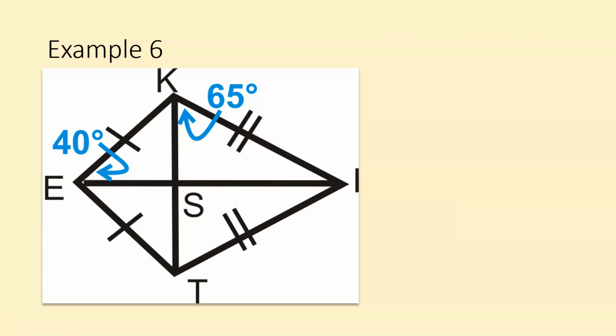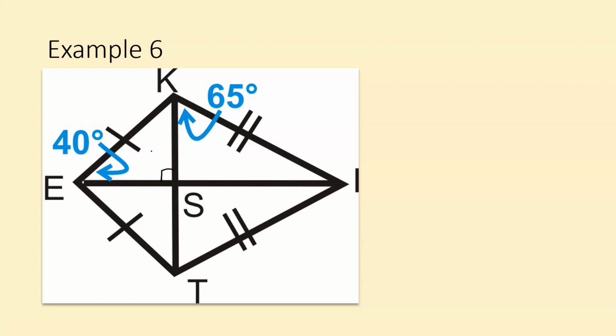Here we want to use the fact that the perpendiculars create right angles. So we have these small triangles that we can find missing angles for. This KSE triangle here has angle measures of 40, and then we know this is 90, so we can figure out the third angle measure there because in triangles, the interior angles add up to 180 degrees.